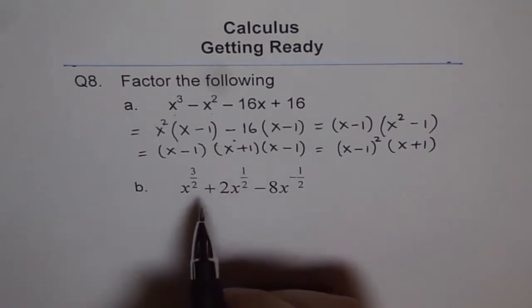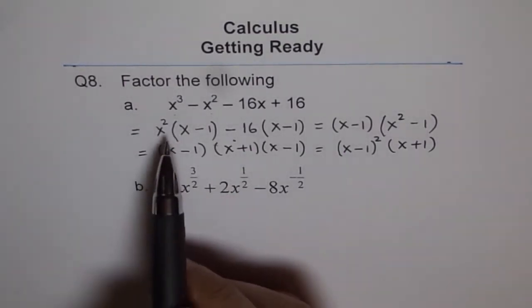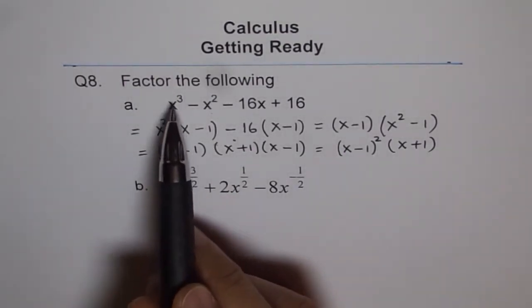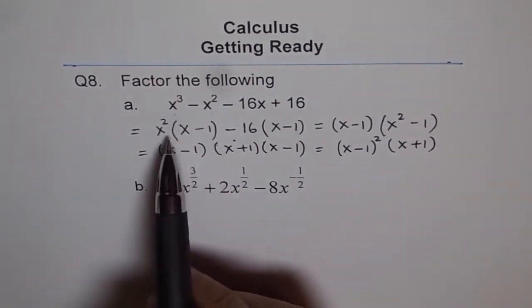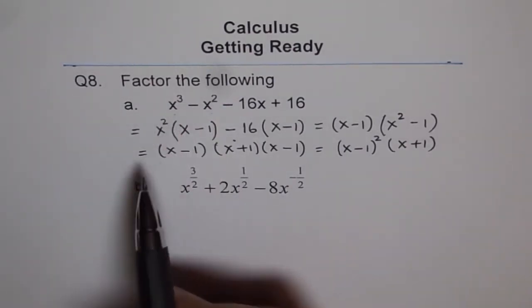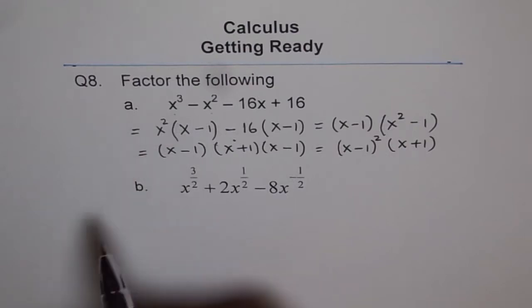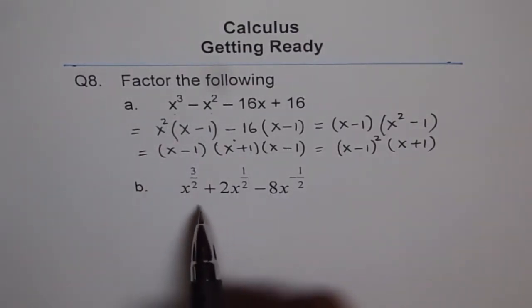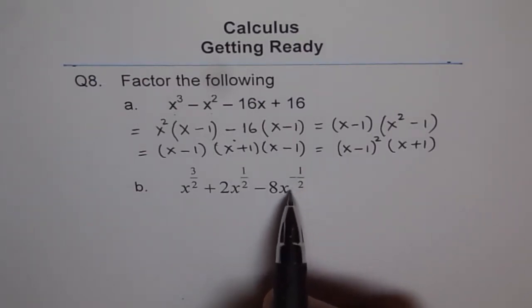Now, whenever you factorize, for example here, the highest power which was common was x squared. So you factored that out, right? X squared was the power which could be common, right? In this case, since this is the lowest power, only that could be common. So it's a good idea to factor this out, right?